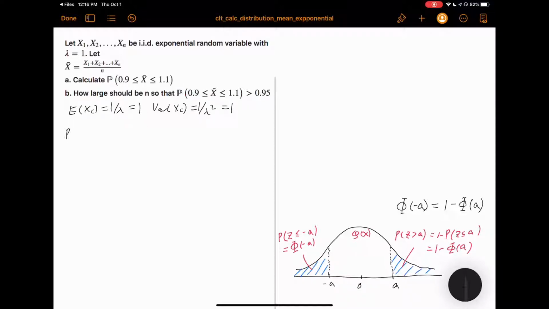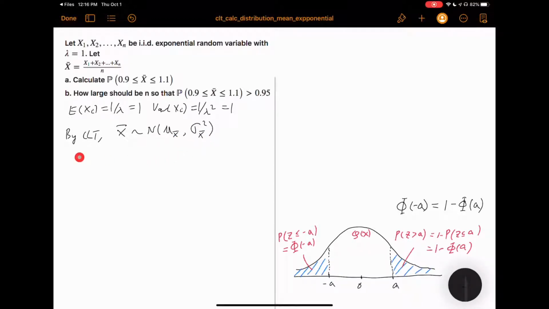Now, by the central limit theorem, X bar is roughly a normal distribution with some mean, which we call mu X bar, and some variance, which we call sigma X bar squared. So let's first calculate mu X bar and sigma X bar squared.